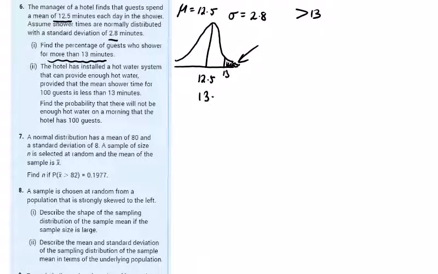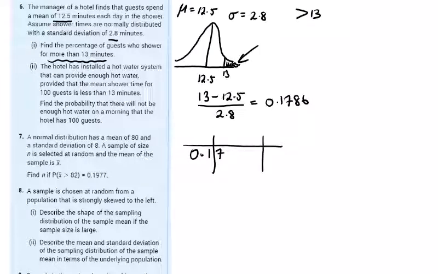So we're testing 13 against 12.5 divided by the standard deviation of 2.8. Gives me a small number here, 0.1786. So I go to 0.17 and 0.18.